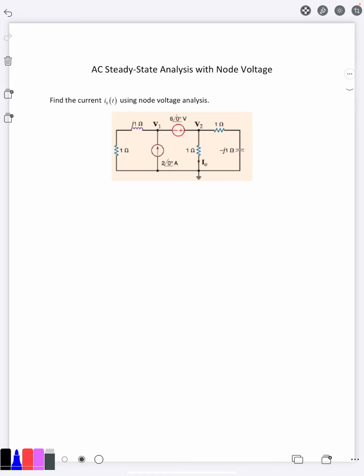However, because there is a voltage source between them, we are going to have to use a super node here. So if I do KCL at the super node, the current going left, V1 minus ground 0 over the total impedance, 1 plus J. Then I have the next one, the current's coming in, so minus 2.